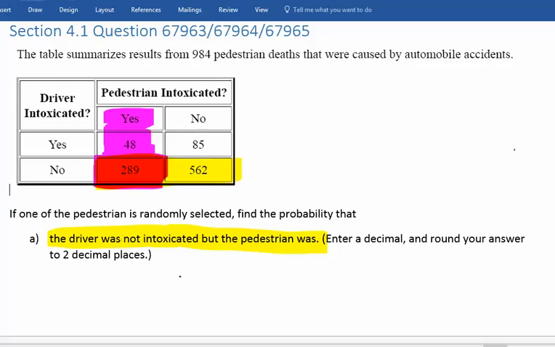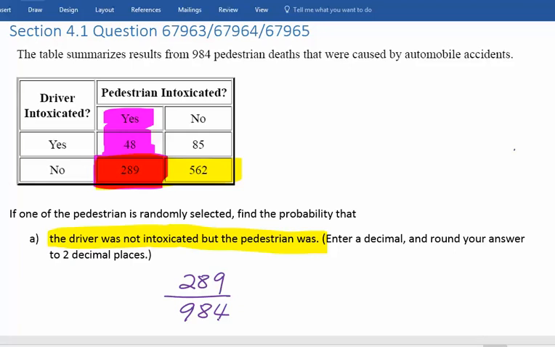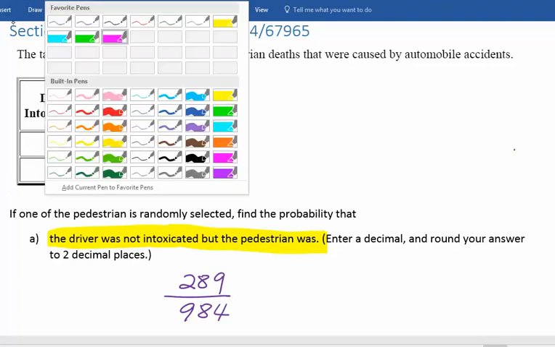So we have 289 cases out of 984 cases such that the pedestrian was intoxicated and the driver was not. Now, I will let you finish the question all by yourself.